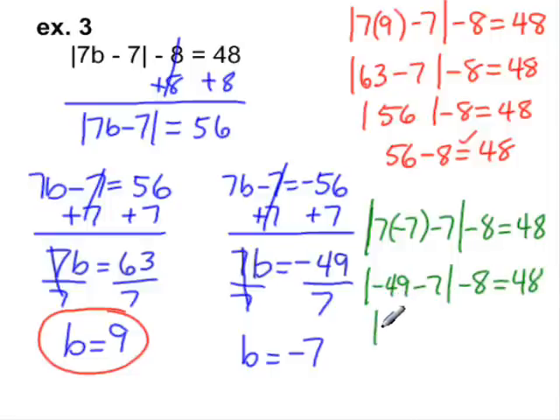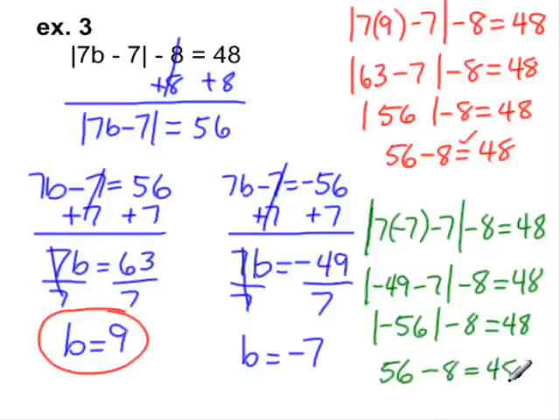Negative 49 minus 7 would give us a negative 56. The absolute value of negative 56 would give us positive 56. And we end up getting the same exact thing we did up here with our first solution when we checked it. 56 minus 8 is indeed 48. So b equals negative 7 also works.